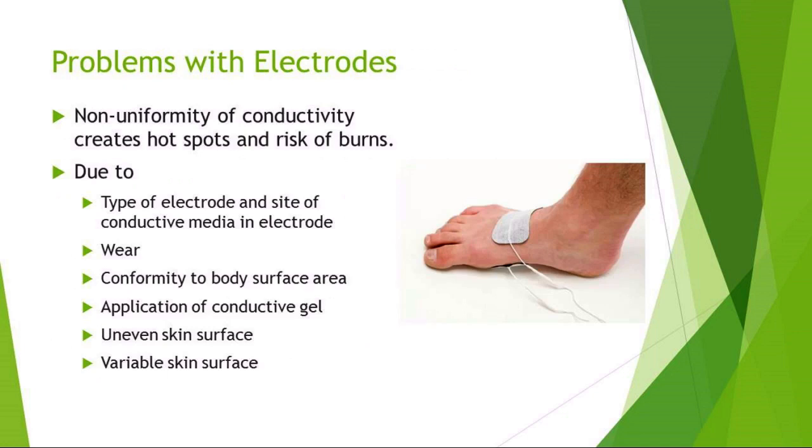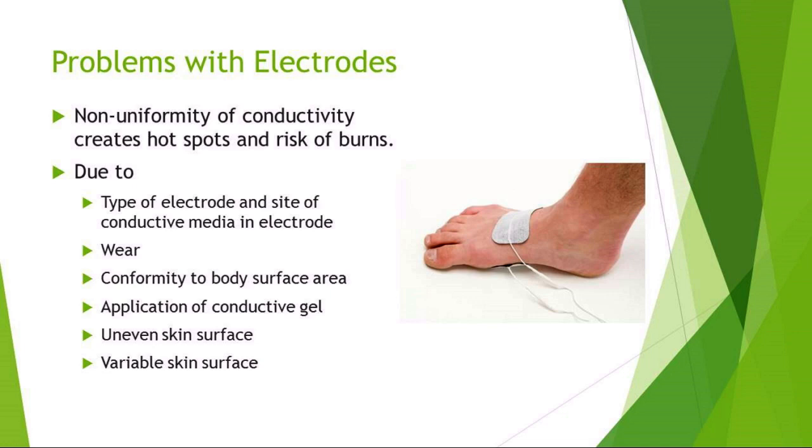So one of the problems with electrodes I alluded to earlier is non-uniformity of conductivity, which creates hot spots and risk of burns. It means it's not uniformly conductive over the whole surface of the electrode. This non-uniformity can be due to either the type of electrode and the site of conductive media in the electrode.